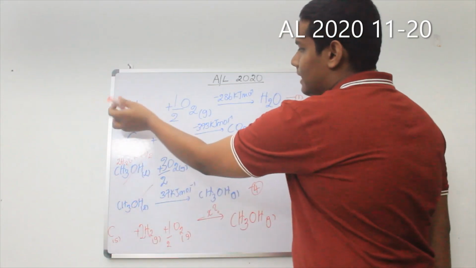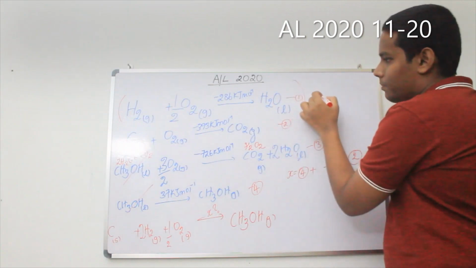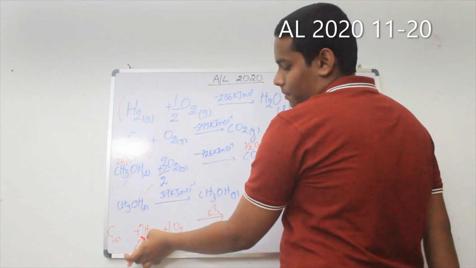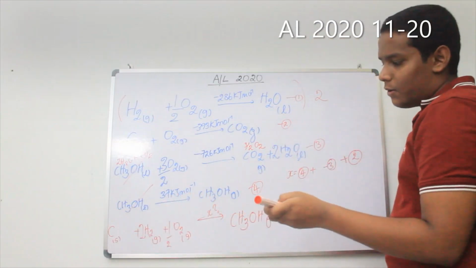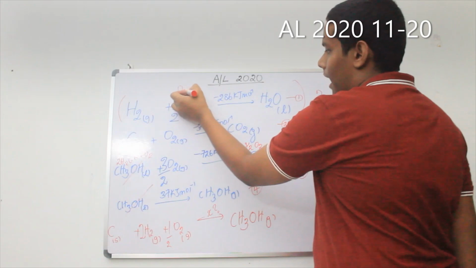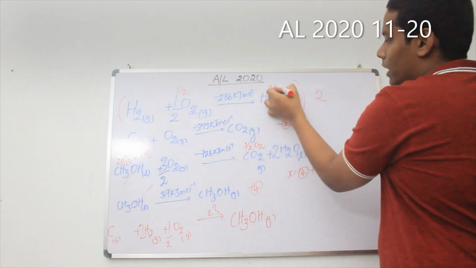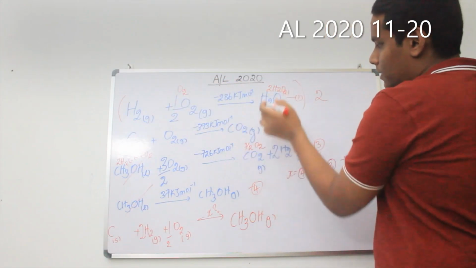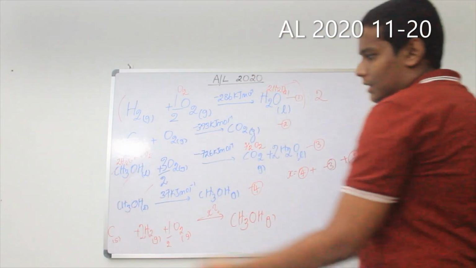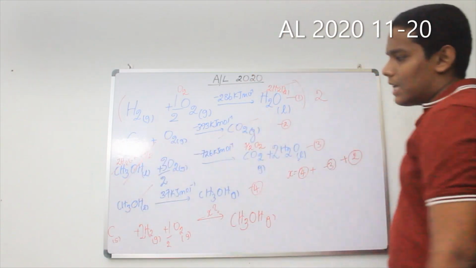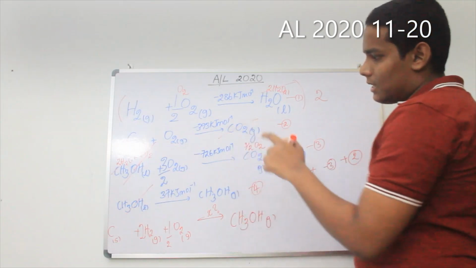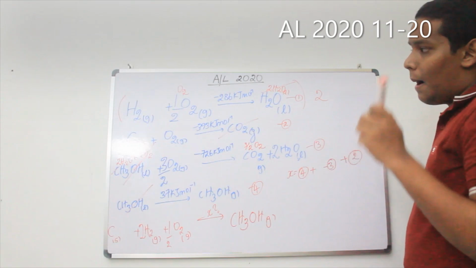So if I multiply this equation by 2, I will get the 2H2 here, no problem, and I'll get 2H2O liquid here. This 2H2O liquid and this 2H2O liquid will get cancelled. This carbon dioxide and this carbon dioxide will get cancelled.